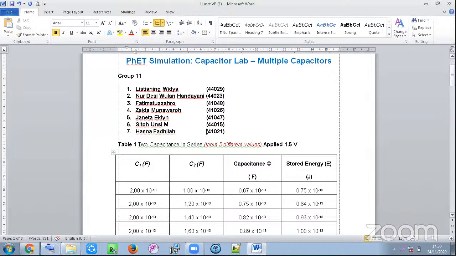Okay, we start from the result of table number 1. It's about the capacitance in series. We input 5 different values and applied a 1.5 volt battery.